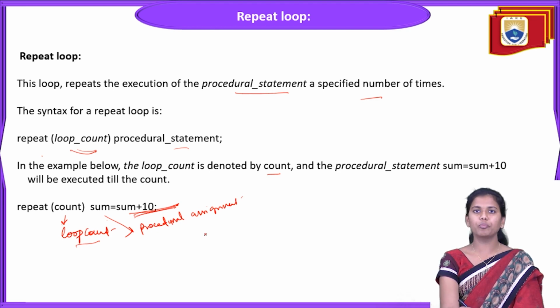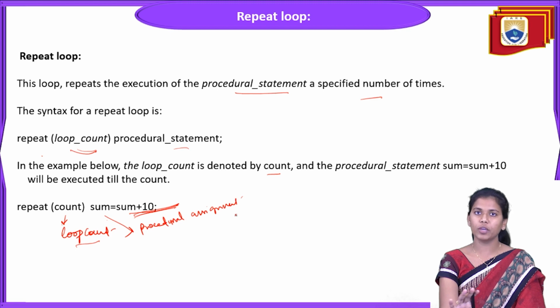For the for loop, we had discussed the 3 steps, or 3 rules, to be followed in order to execute it. What are the 3 rules? The for loop has a variable.